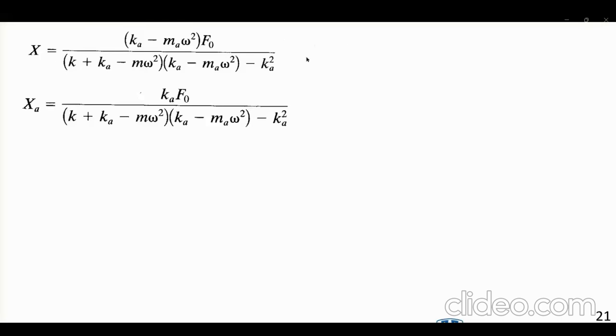No, the machine will have no motion at all. This will have motion because if this is 0, this goes away and you get F naught over Ka. So that absorber will vibrate at an amplitude which is simply F naught over Ka, because this is 0, Ka here, they cancel each other out, you get F naught over Ka.